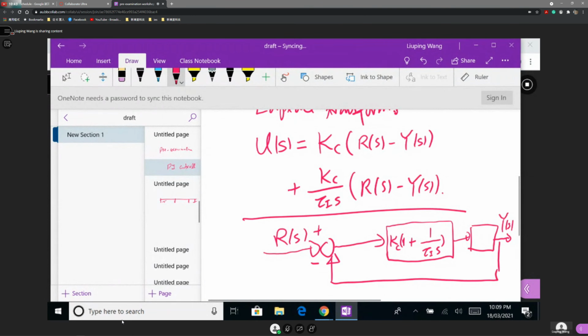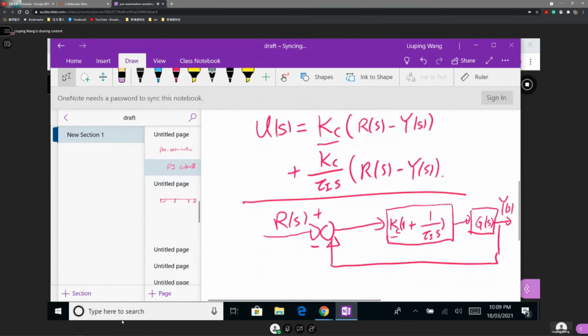This is your process transfer function g of s. This part is the proportional part, and this part is the integral part.